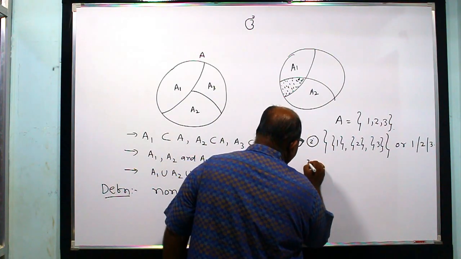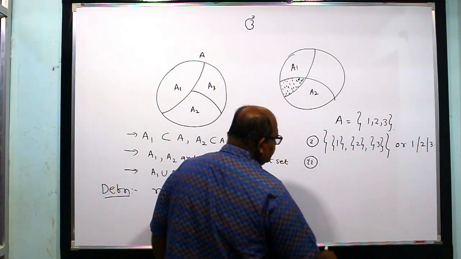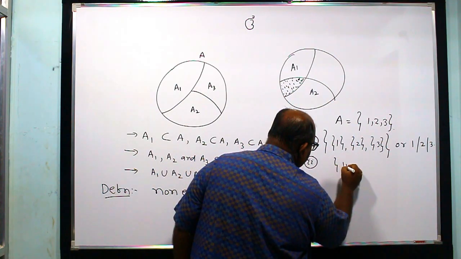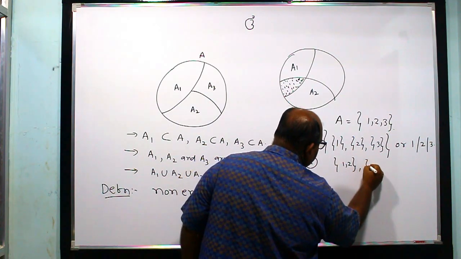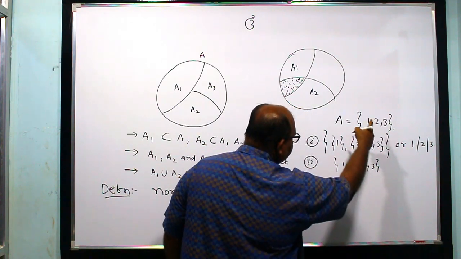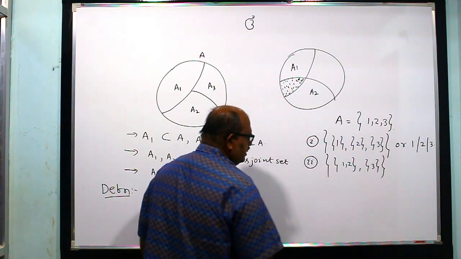Now type 2. Think, what other type of partition is possible? One is {1, 2}. This is a subset of A. The other is {3}. This is also a subset of A. Now this is a partition.